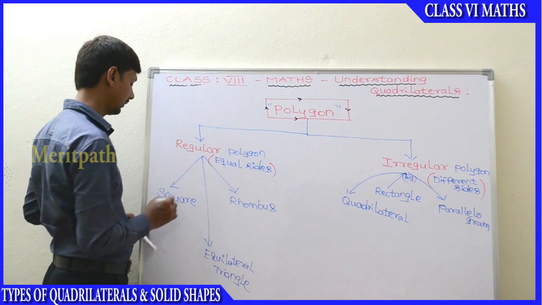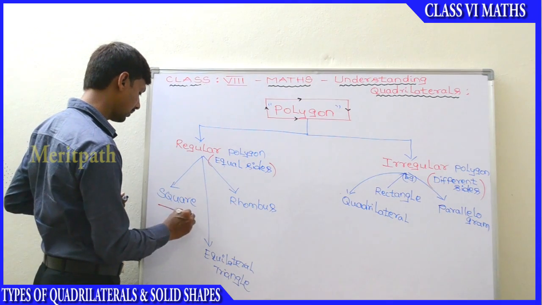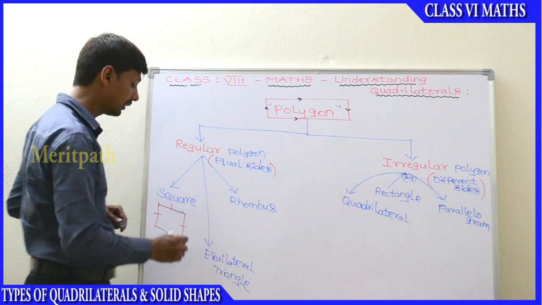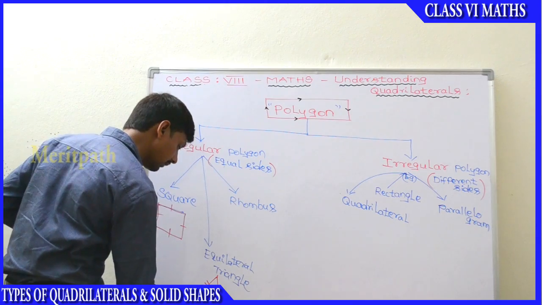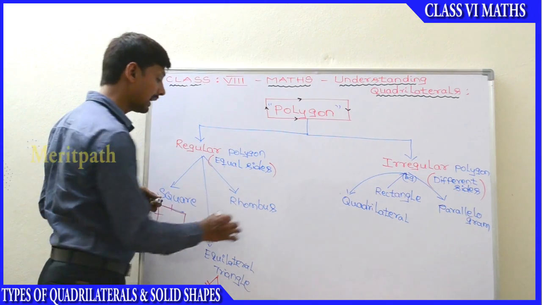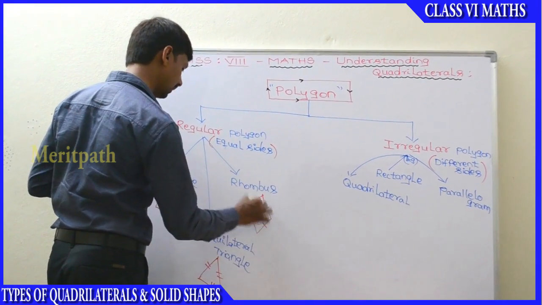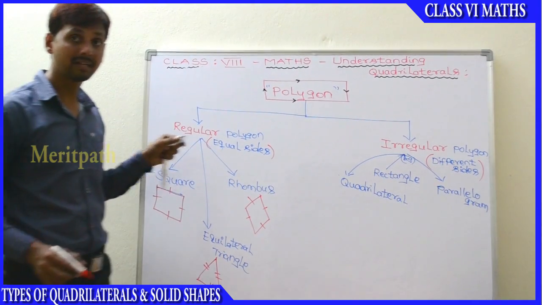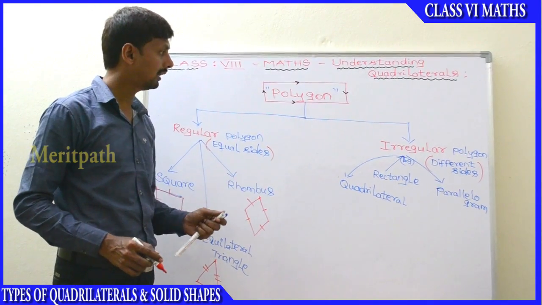Let's see here. Let's say a square, all the sides are equal. That's the reason we say regular polygon. In the equilateral triangle, all three sides of the triangle are equal. In a rhombus, all the sides are equal. So that's the reason these are called regular polygons. The others are formed with different sides, so they are irregular polygons.